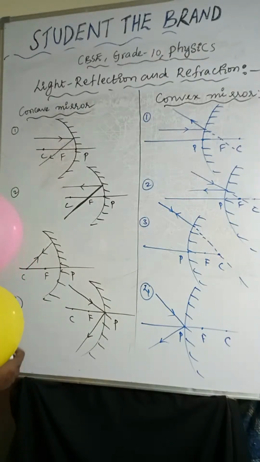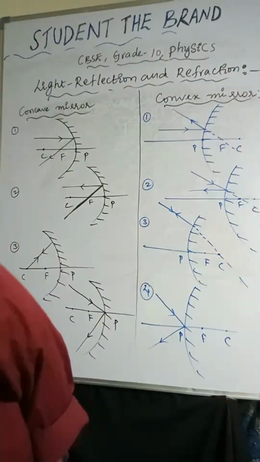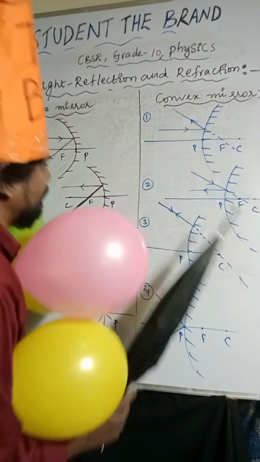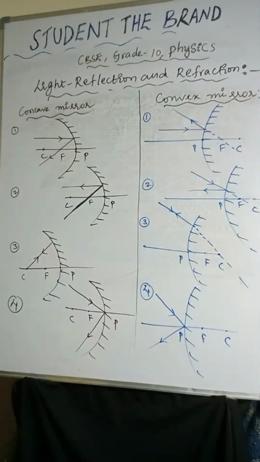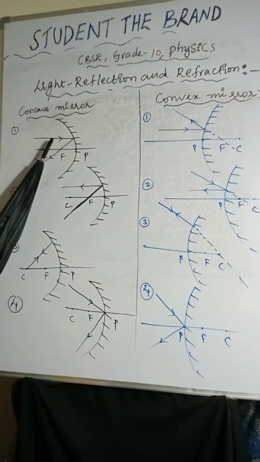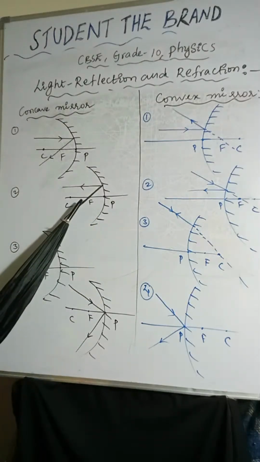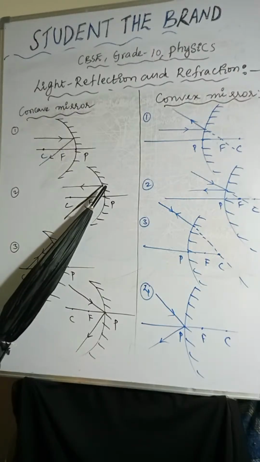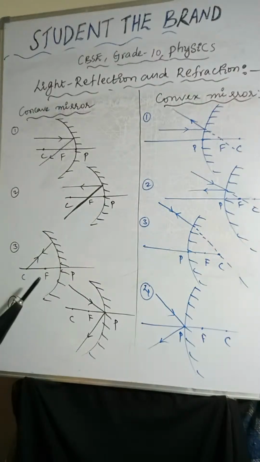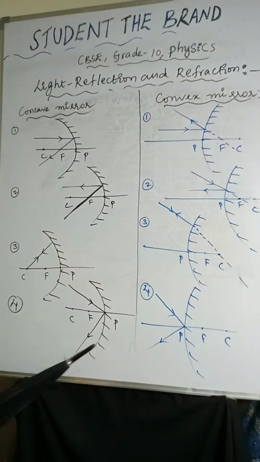Just check once. Now you can observe. In the concave mirror, a light ray coming from infinity passes through the focus after reflection. A ray passing through the focus moves towards infinity after reflection. Here it passes through the center of curvature, and here the light ray is incident at the pole.